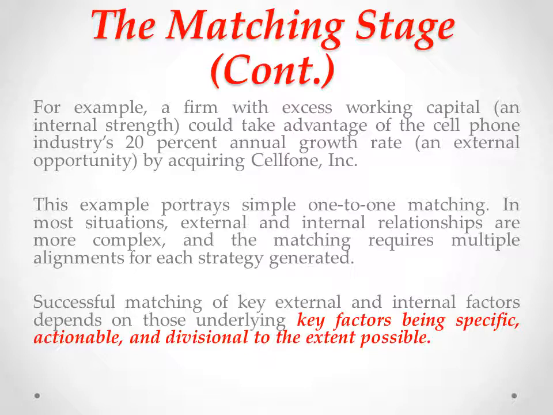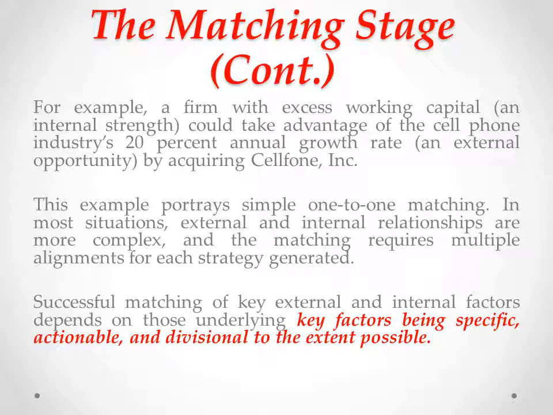In this example, you make a one-to-one matching. You didn't make a matching between different components. There is another, more complex example, making a matching with multiple alignments for each strategy generated.